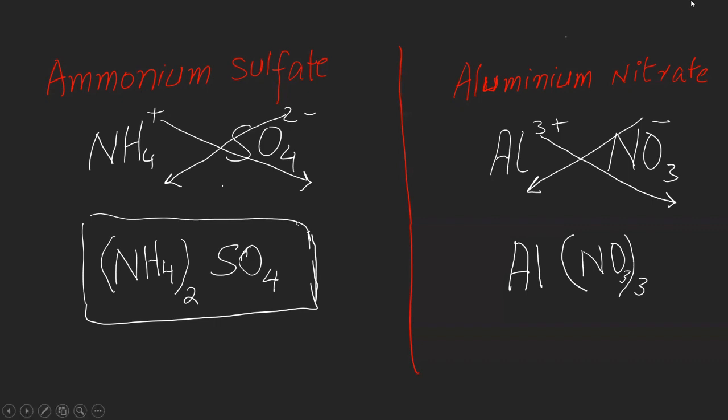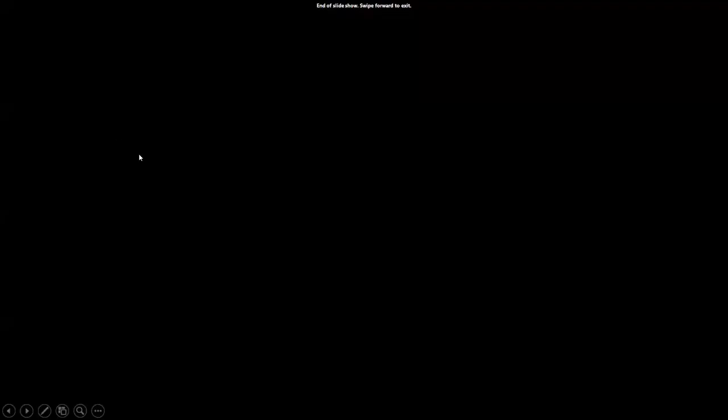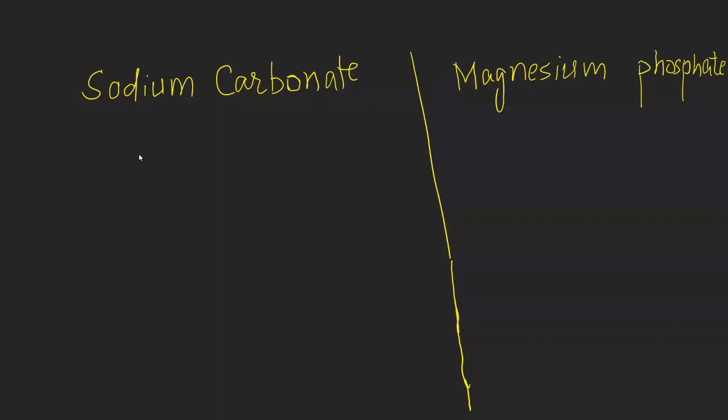Let's see a few more examples. Let's try again the same method. We have sodium, which is +1, and carbonate, CO3, with a 2 minus charge. Now, the crisscross method: this 2 goes to the sodium subscript, and 1 goes there.